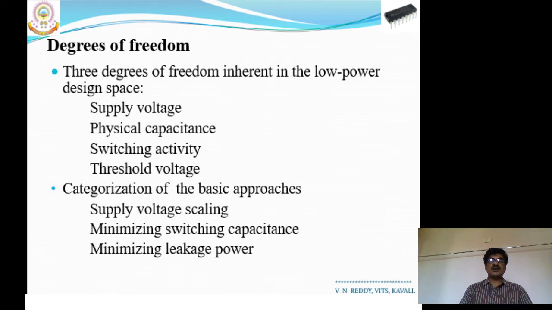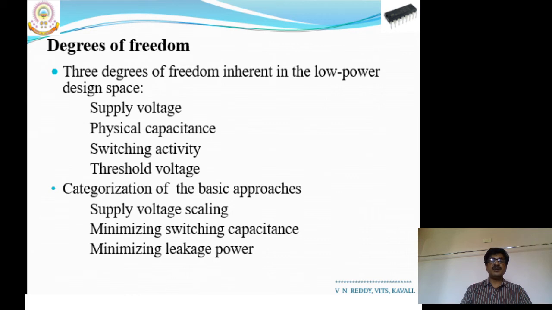That means out of all the functions of the system, certain functions can be done by the software and certain functions can be done by the hardware. So if you divide the total functions of the system between software and hardware, you can also reduce the power consumption. This type of technique reduces the switching capacitance.